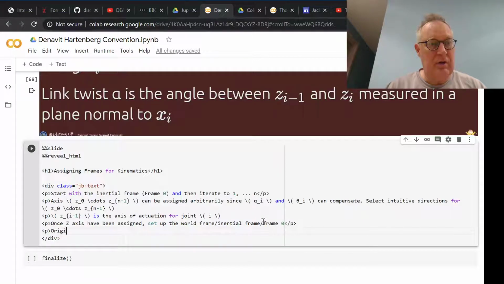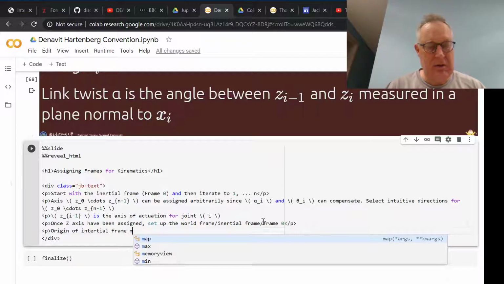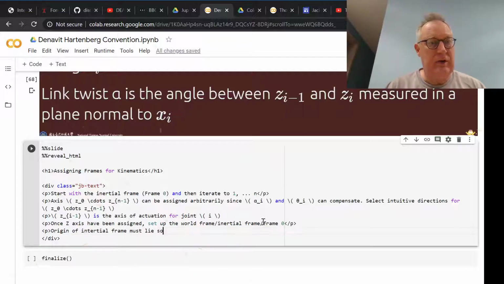The origin of the inertial frame must lie somewhere along Z0.